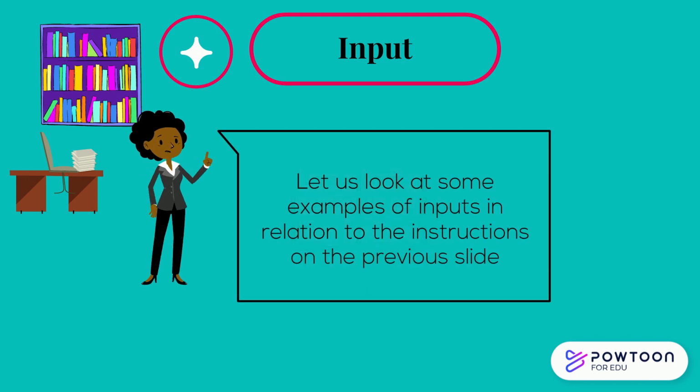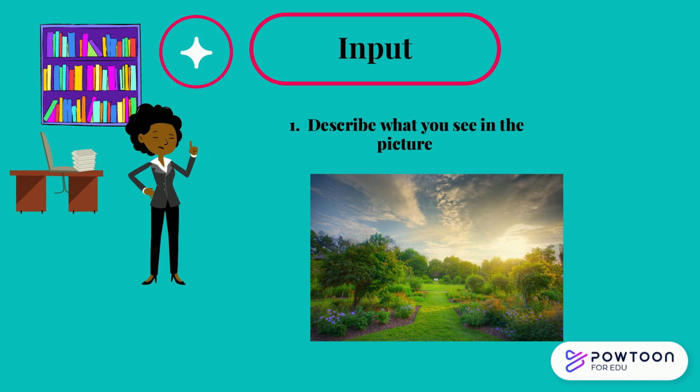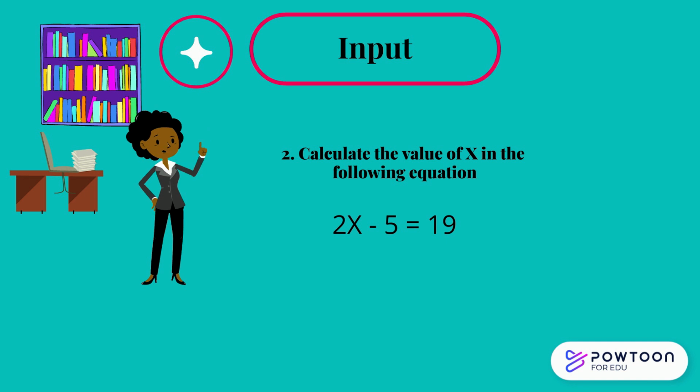Let us look at some examples of inputs in relation to the instructions on the previous slide. In this example, the picture of the scenic garden would be referred to as the input, as the students would not be able to answer the question, describe what you see in the picture, without this picture. 2x minus 5 equals 19 would be the input in this case, as it shows the students which value of x they are trying to calculate.